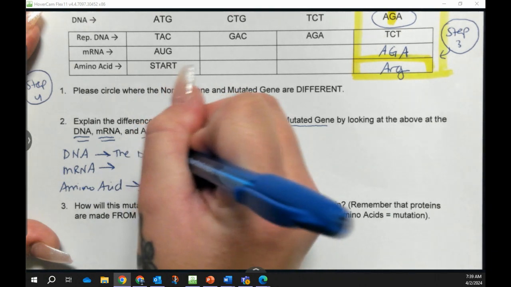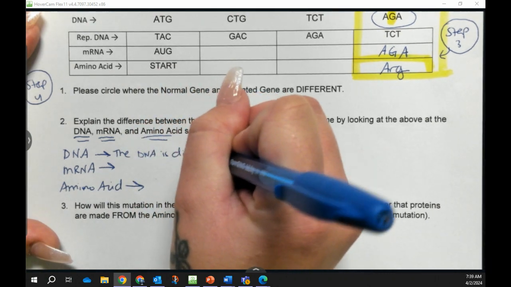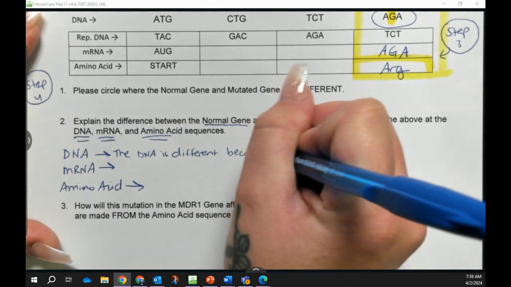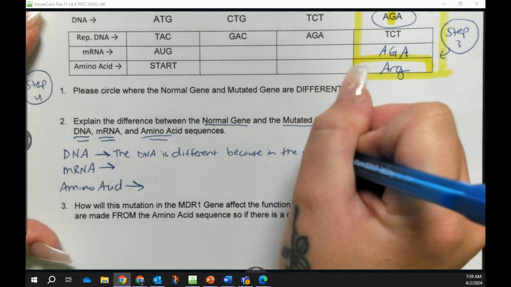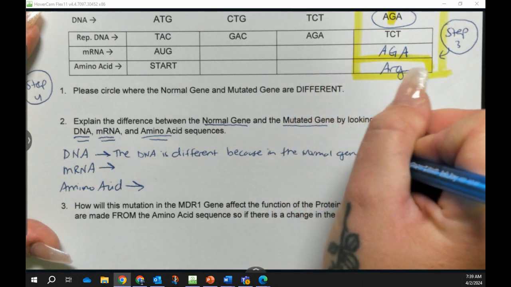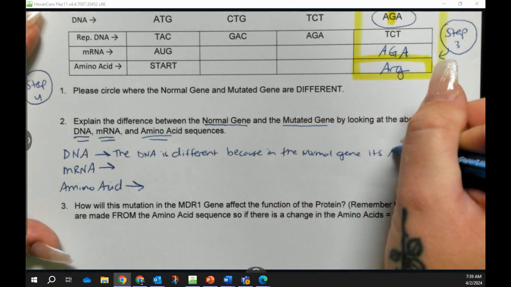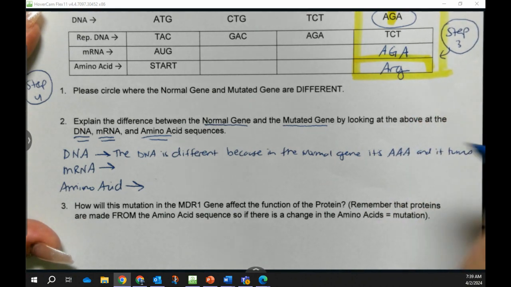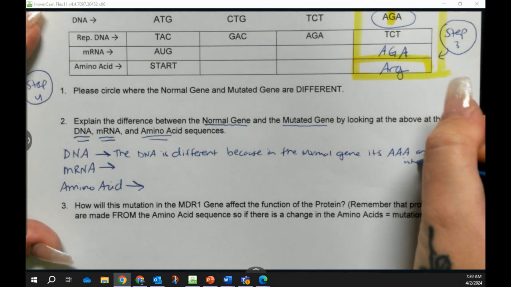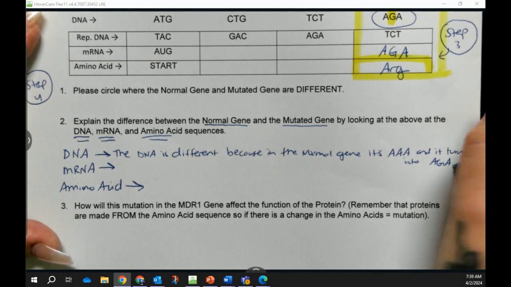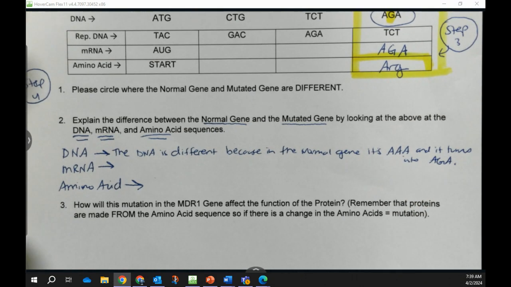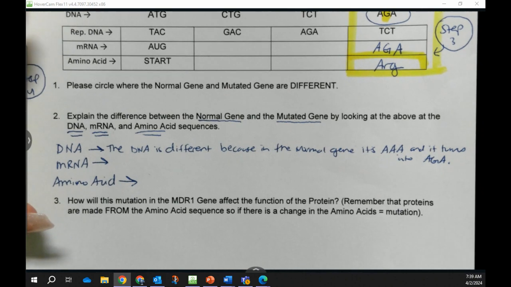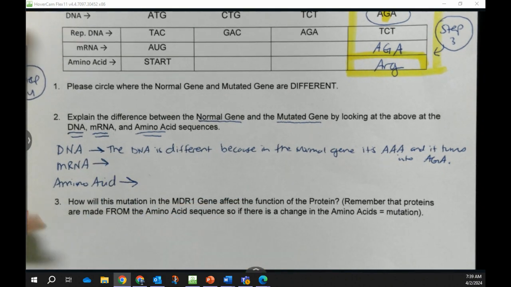The DNA is different because in the normal gene, it's AAA, and it turns into AGA. Okay? You would then do the same thing for the mRNA.